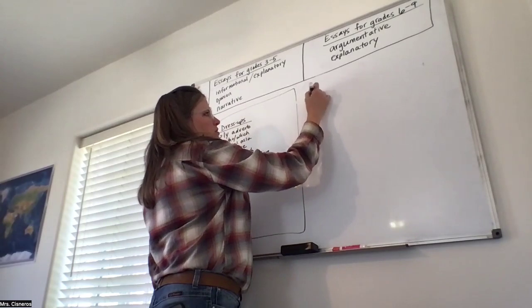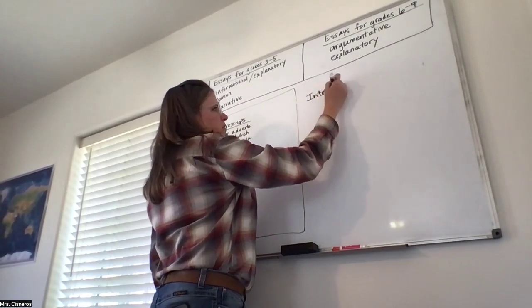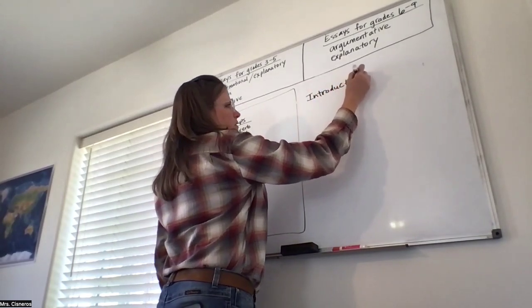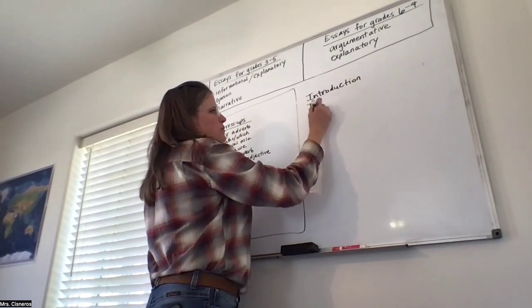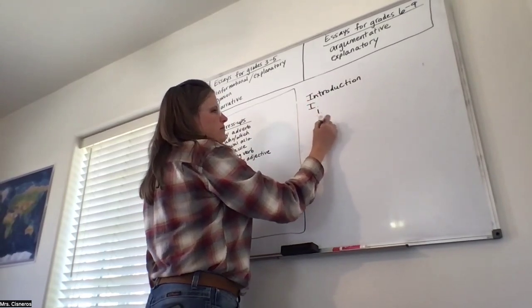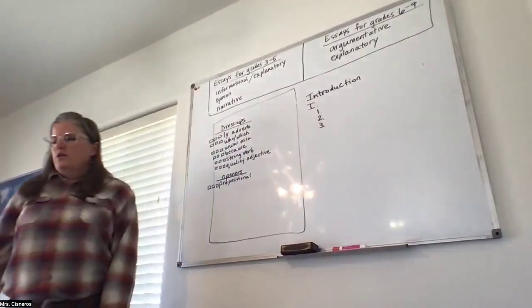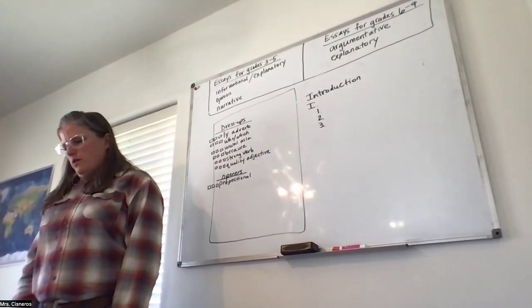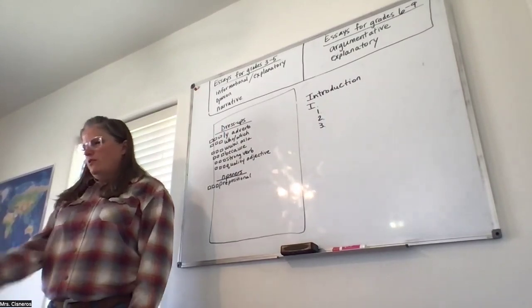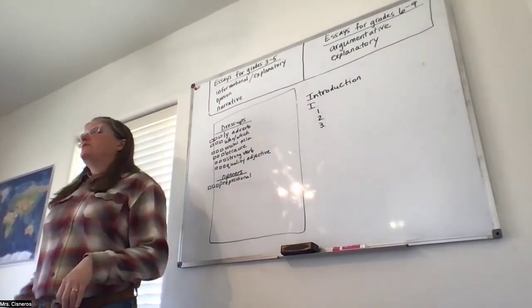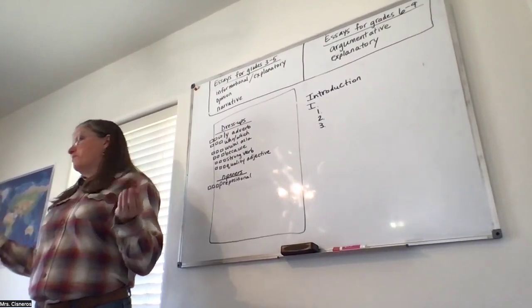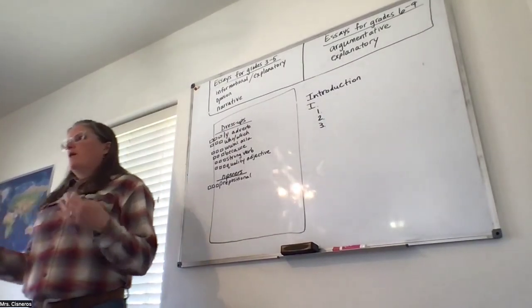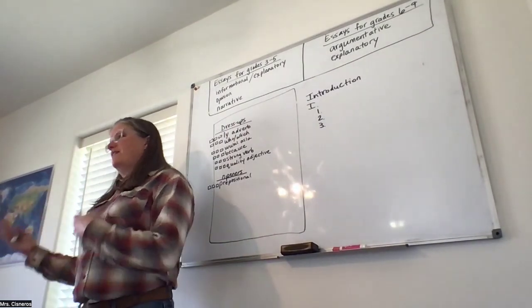Your introduction at the top is gonna be just a Roman numeral 1 and then 1, 2, 3. So your Roman numeral 1 is gonna be that thesis. That's what they're asking for. We've talked about this last year in Jana's class, but a thesis is basically what is your paper about? And your paper is about the importance of sleeping and napping, right?